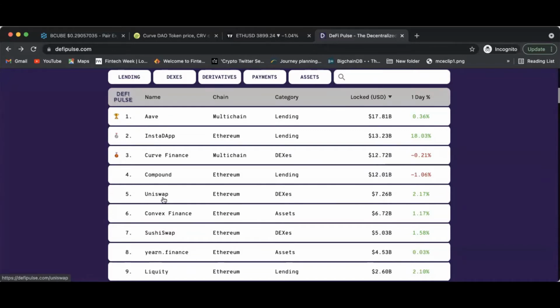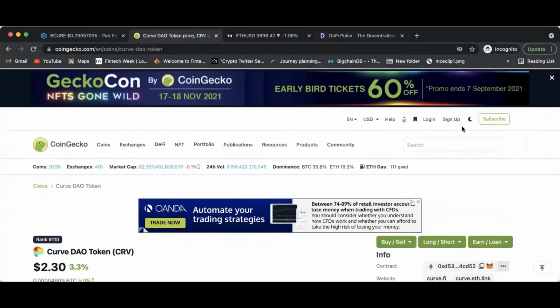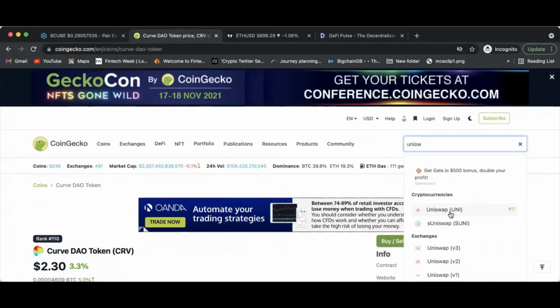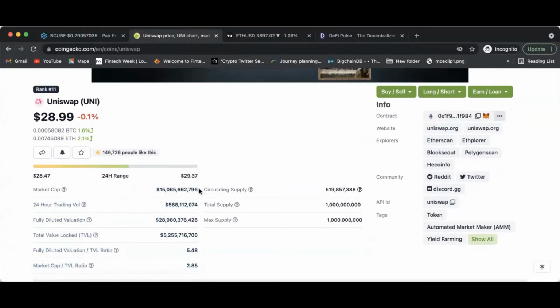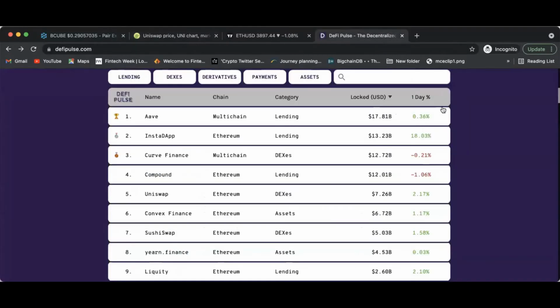Because for example, Uniswap is having a locked value of $7 billion, but their market cap is like $15 billion. So there is a huge difference here.